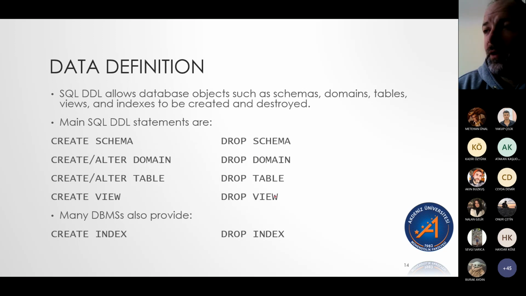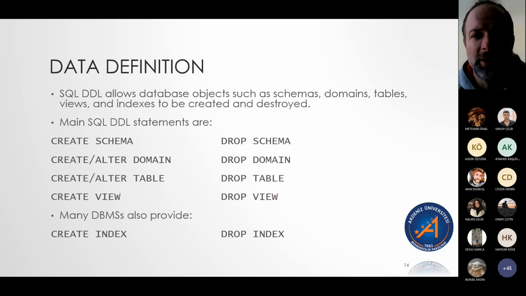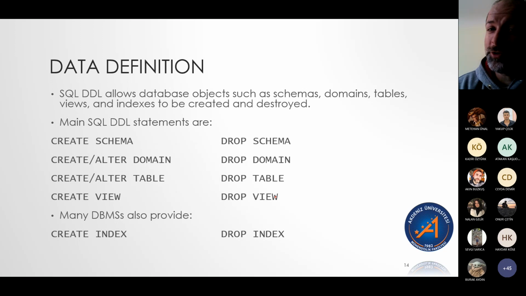Drop is how we get rid of anything in the database. We can drop the table, we can drop the view, we can drop a column. One thing I do want to point out is dropping also gets rid of the data itself. If we drop a table, it will pretty much always ask, are you sure you want to do this?